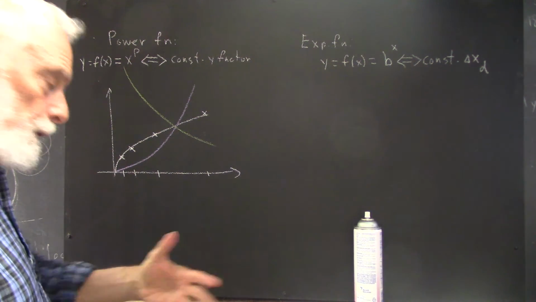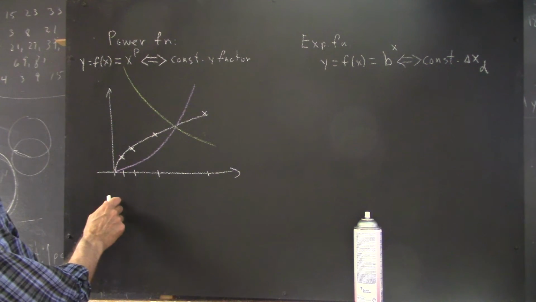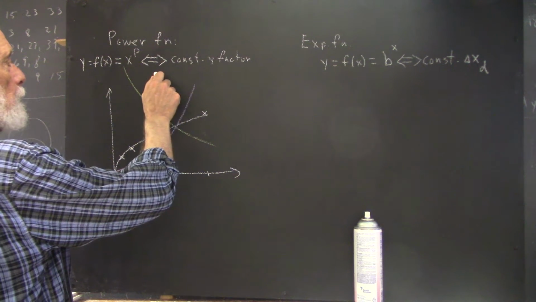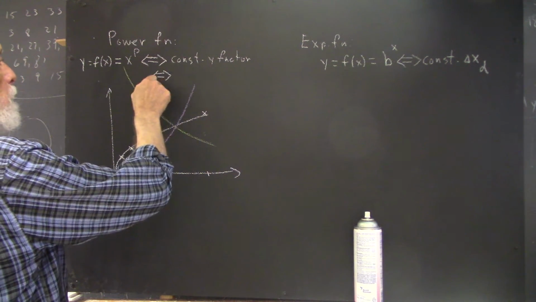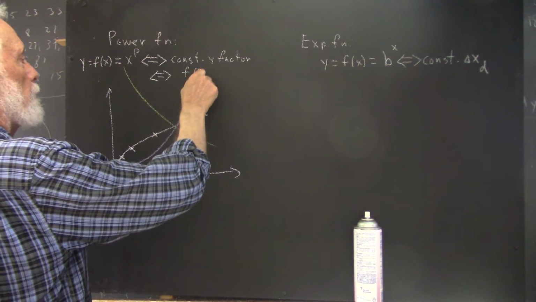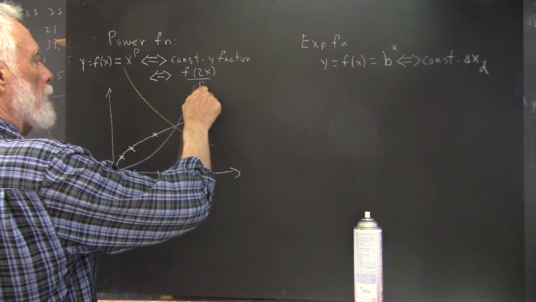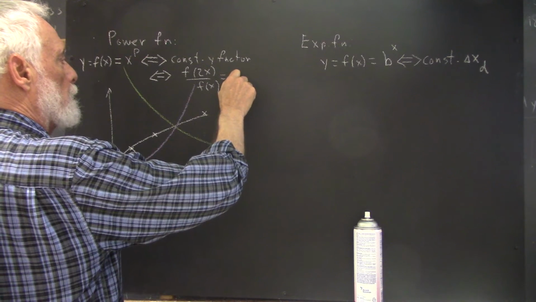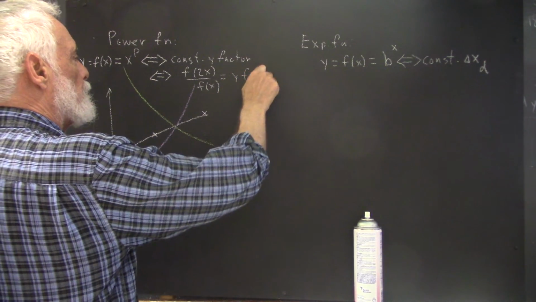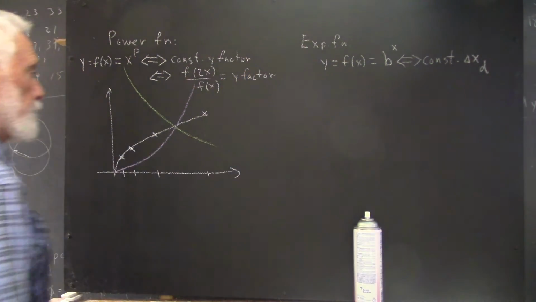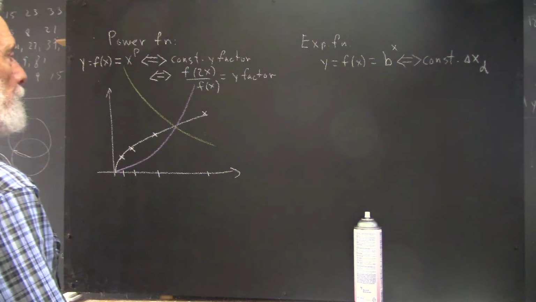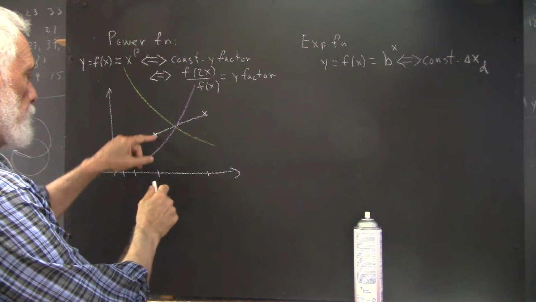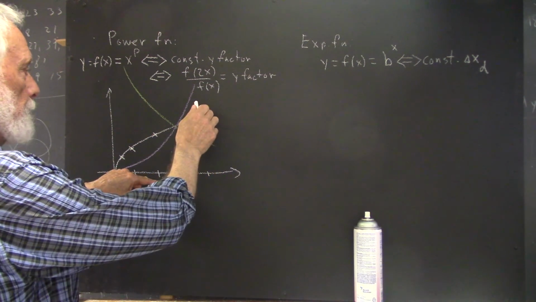Now, the one thing that people might need to think about again is the fact that a constant y factor is equivalent to saying that f of 2x divided by f of x is equal to your y factor. Because, of course, if this is x, f of 2x is out here. f of x is up here, f of 2x is up here.